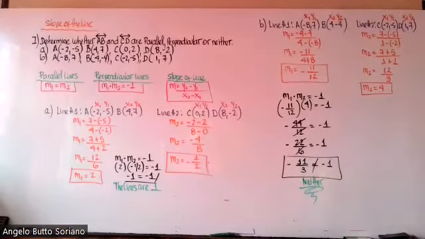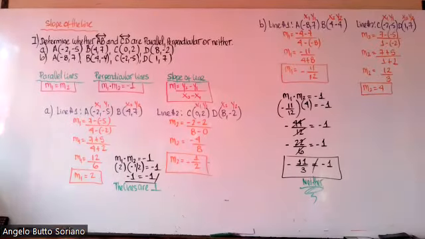This is how we proceed to determine if the lines are parallel, perpendicular or neither. Again, why is this not parallel? Because to be parallel lines, the value of M1 is supposed to be exactly the same as the value of slope number 2. Understood? Yes, Master.